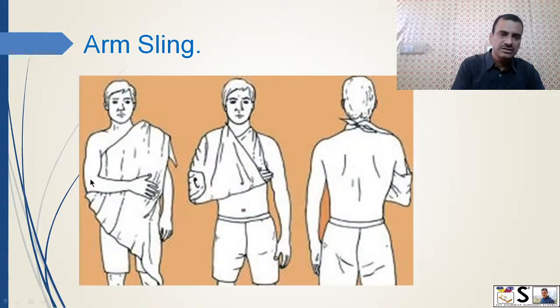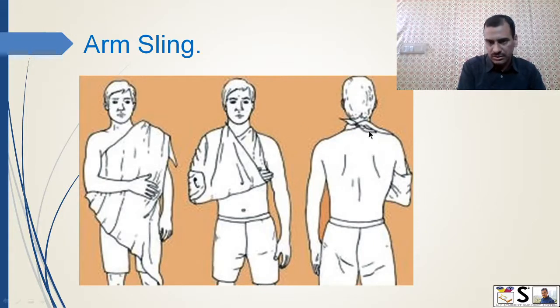Here, this limb is injured, so we keep the point of this triangular bandage to the right side and one end on the unaffected shoulder, means the left shoulder. Then we move this end towards this shoulder like this, and we tie a knot behind the neck.